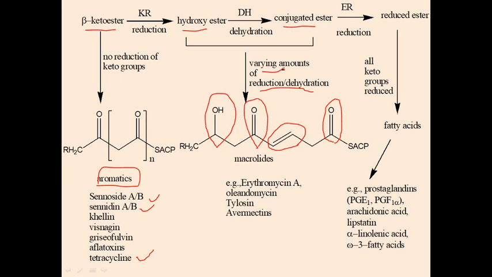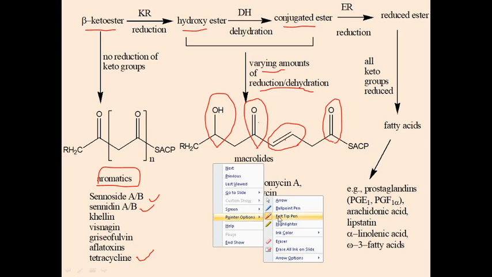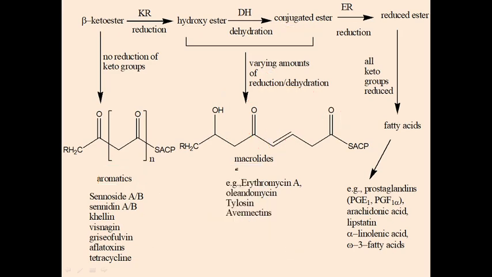So there is a varying amount. Some can be ketone, some can be hydroxy, some can be unsaturation. If this type of compound is formed, the plant or microorganism is intended to form macrolides. The macrolide class of compound will give rise here, for example erythromycins, tylosin, ivermectins.